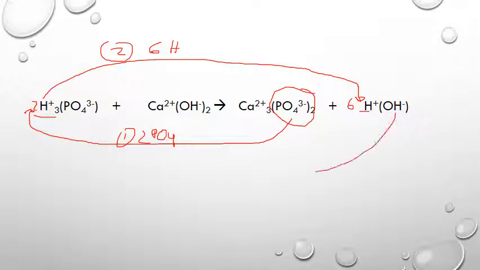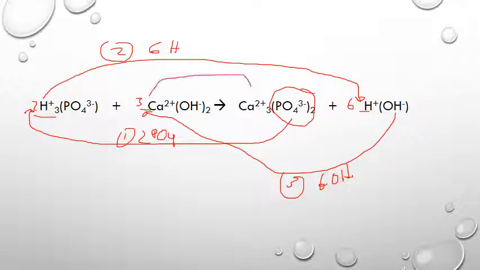All right, next step, notice now I have 6 OHs. So third step, I need 6 OHs. And I have, so what times 2 is 6? 3. Okay, and then finally I check my calciums. I need 3 calciums. And done.